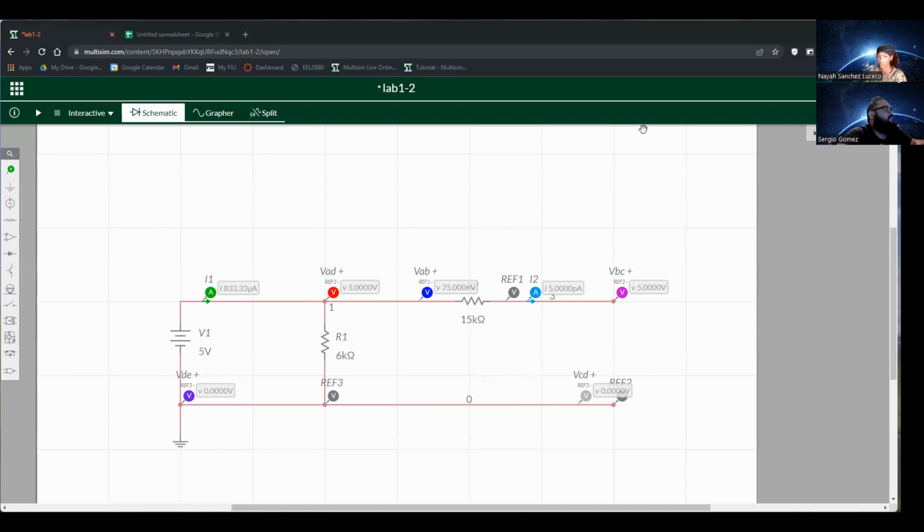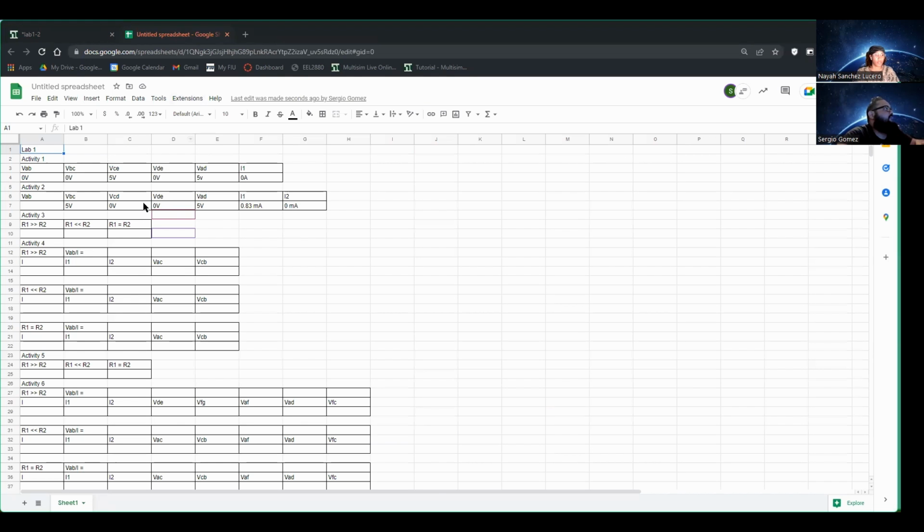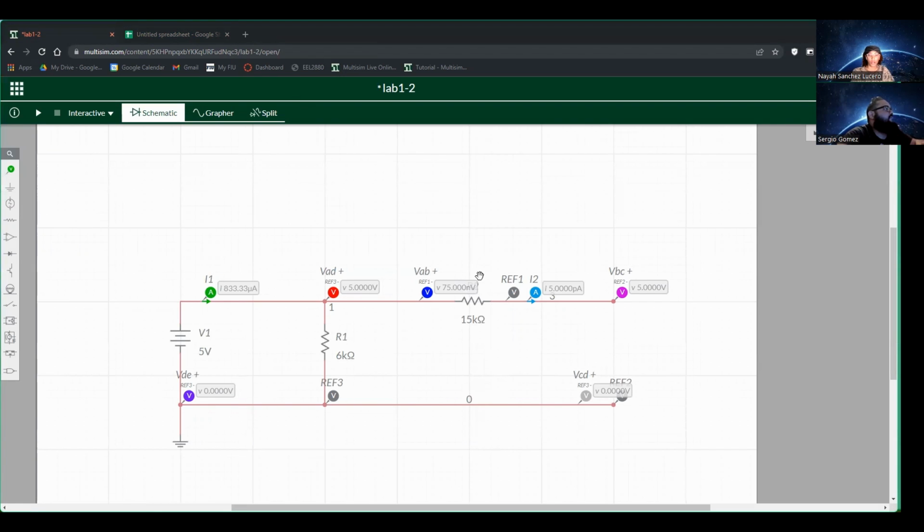For voltage CD, I have this here in the spreadsheet, VCD is 0 volts because of, again, the open circuit. There are no elements here, it's just wire. VDE is 0 volts because of the voltage drop across resistor 1. And VAD is 5 volts. It's because of the closed circuit.